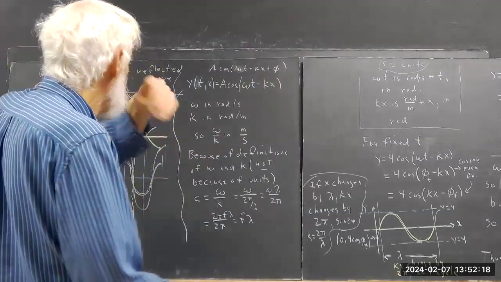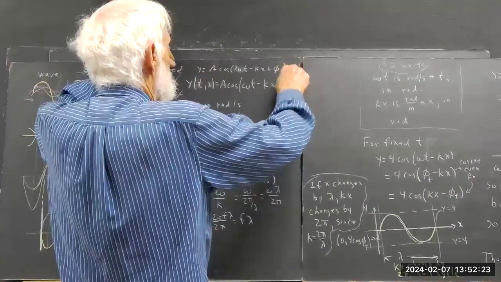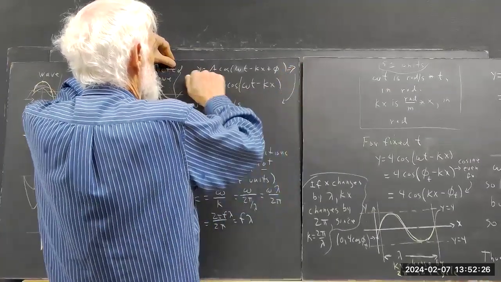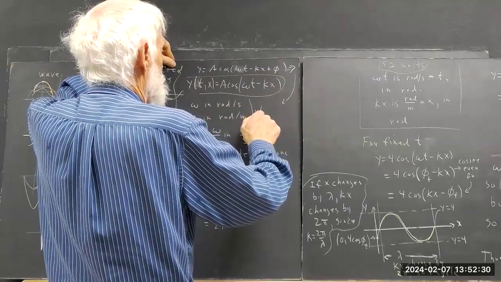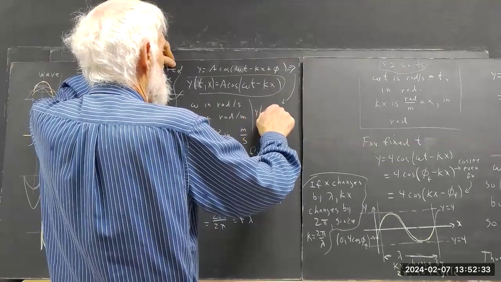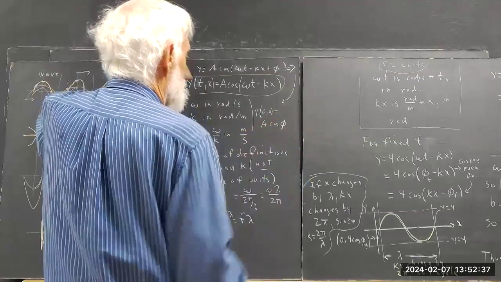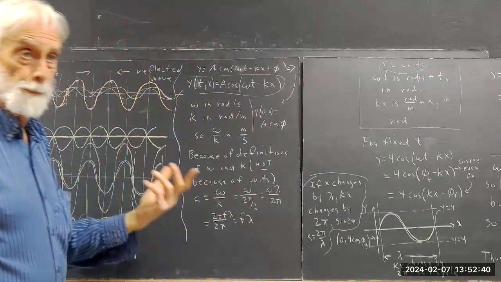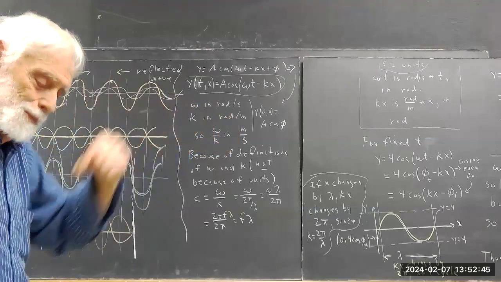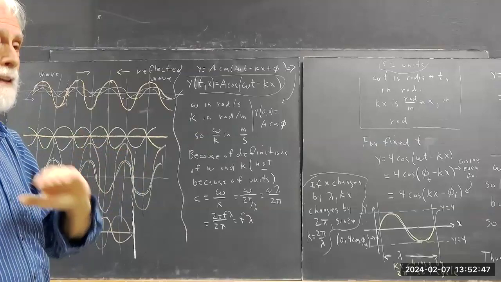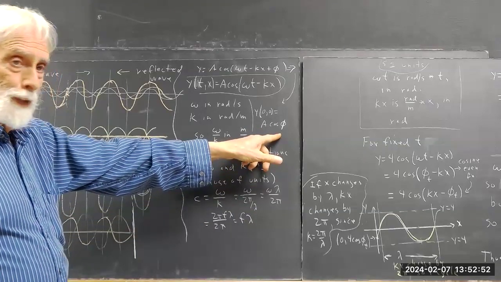So this implies that y of 0, 0 is A cosine of phi. If you're observing the motion at the 0 point in space, and that is your 0 point in time, that allows you to determine phi.